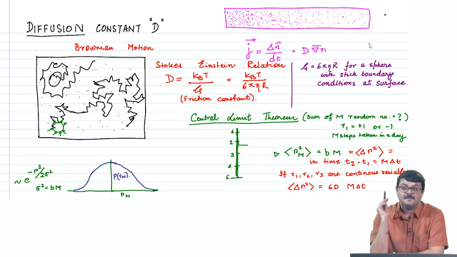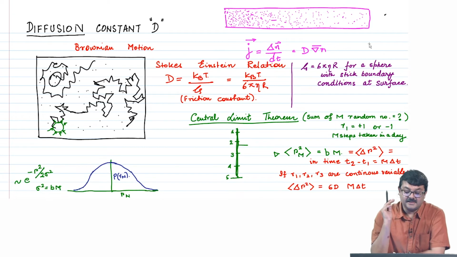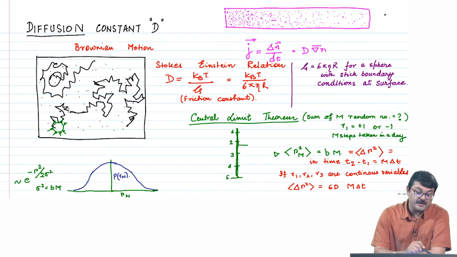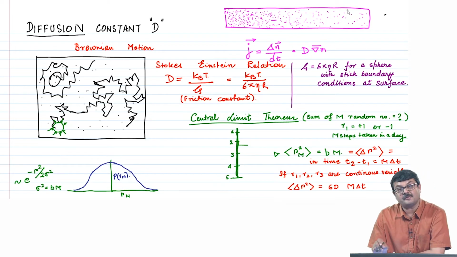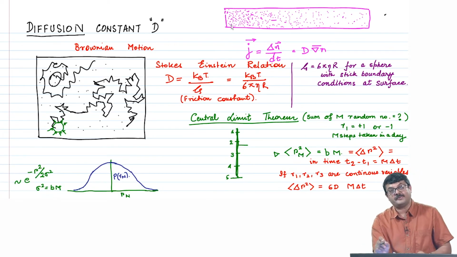Now, Einstein in 1905, in a landmark paper, showed that the Brownian motion that you study in class 12 and this diffusion of particles from left to right are actually correlated. Why do these particles move from left to right?